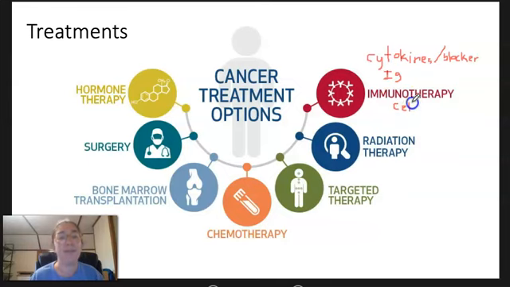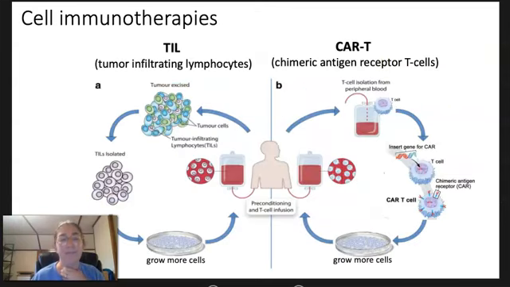And these cell therapies have been very successful, and that's what I want to talk about. So the two types of cell immunotherapies are TIL, which stands for tumor infiltrating lymphocytes, and CAR-T therapies, which stands for chimeric antigen receptor T cells. So they're similar but different.